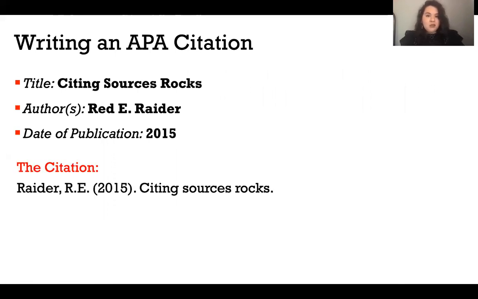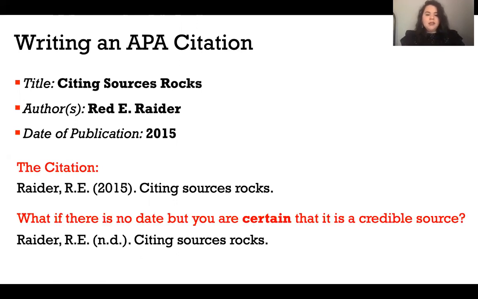This is what our citation will look like. You can see we followed the same APA format from the example. Let's say we don't have a date, but we know it's a credible source, then we'll include n.d. for no date. But you should only do this if you know that the source you've pulled is credible based on other information that you have.